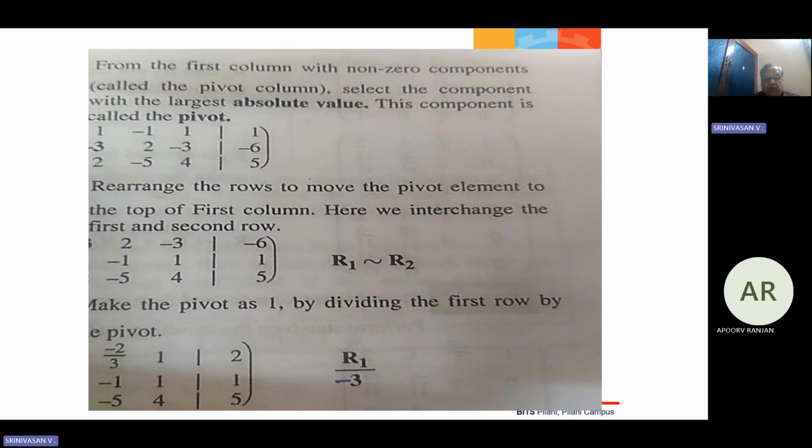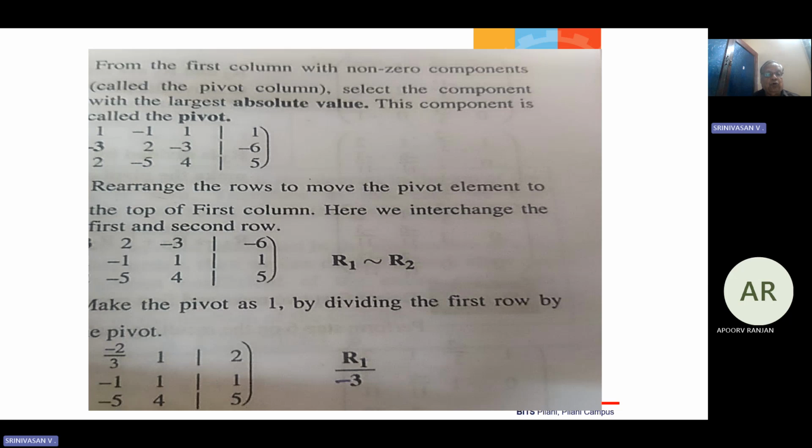Only that is to be made before we go for elementary row operations. We just make it convenient, that's all. This is now 1, easy to perform elementary row operations. That's all. Understood? Hello? Yes, clear, sir.